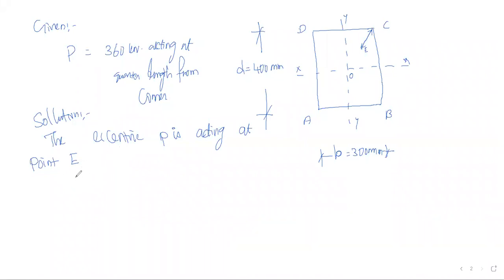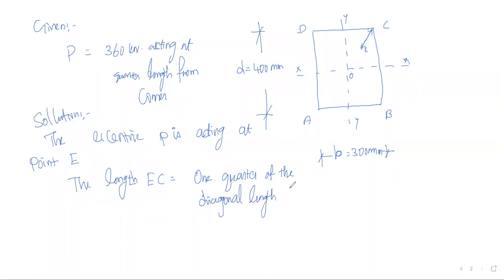So the length EC is equal to 1 by 4 times AC.